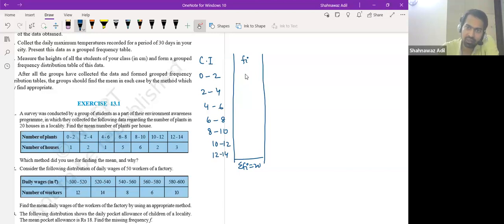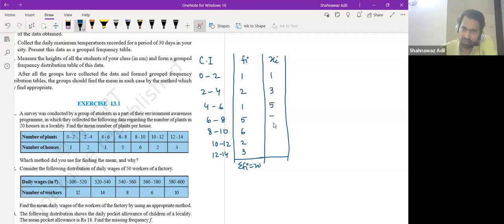So fi is 1, 2, 1, 5, 6, 2, 3. Right. Now we have to make another table of class marks. So class marks would be how much? 0 plus 2 by 2. So 1, then 3, and then 5, 7, 9, 11, and 13. So these are the class marks.